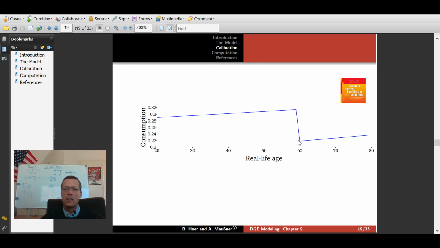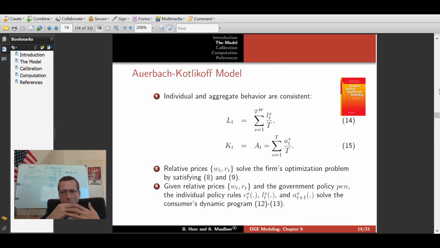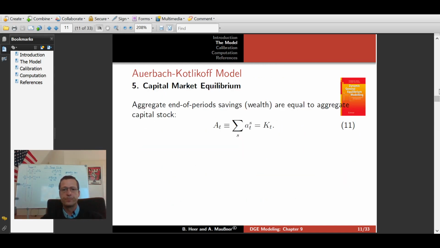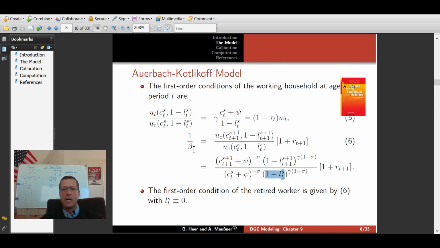And our consumption grows again at age 60 to age 61 because, according to our Euler equation, our factor beta is smaller than 1 plus r, 1 over beta is smaller than 1 plus the interest rate.